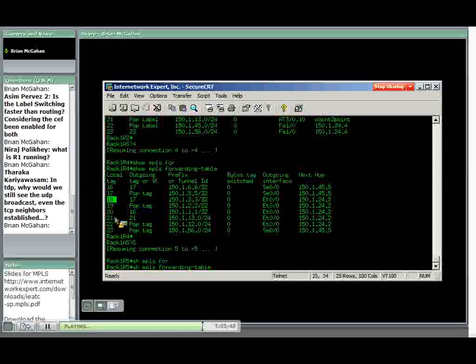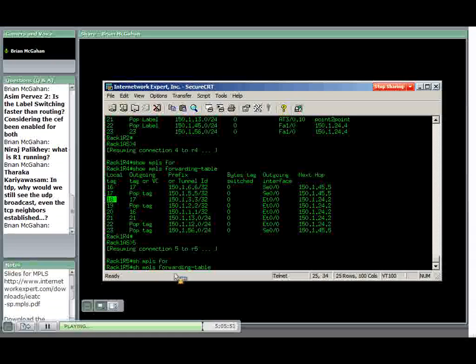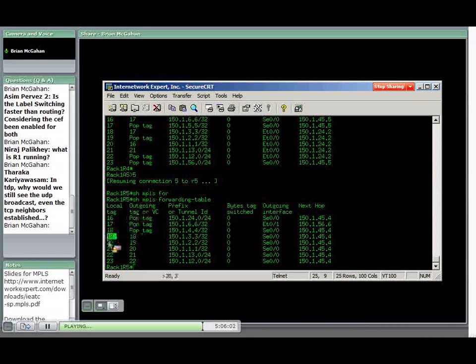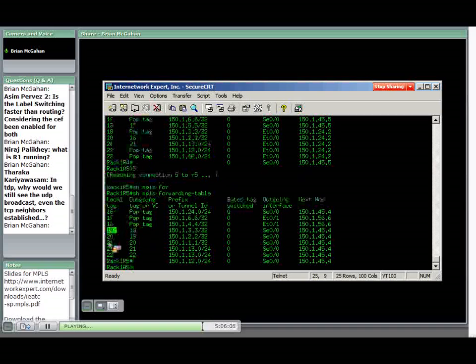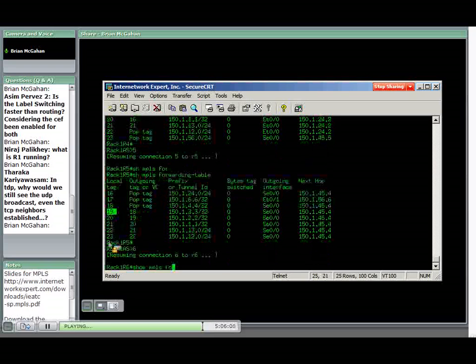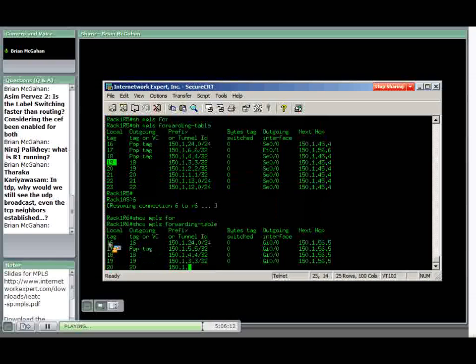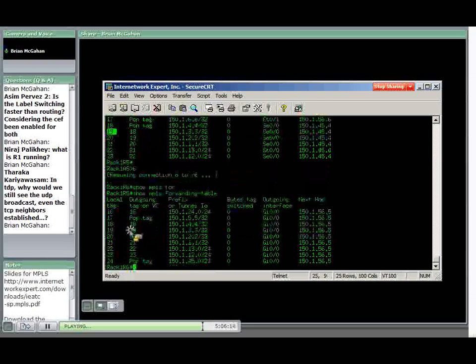So if we go to router 4 and say show MPLS forwarding table, we can see that the outgoing label for router 3 is 17. So we can see on a hop-by-hop basis, we are either imposing, which is pushing a label, swapping the labels, or popping them, which is disposing them. Router 4 is saying, take the packet, send it out with 17 out the Ethernet.